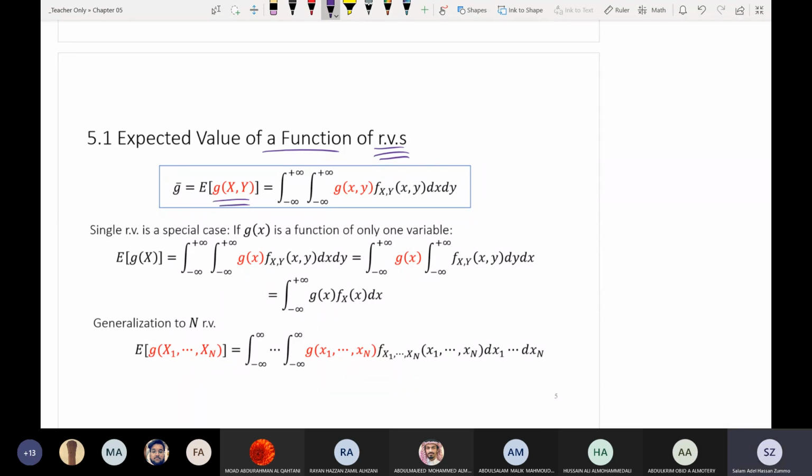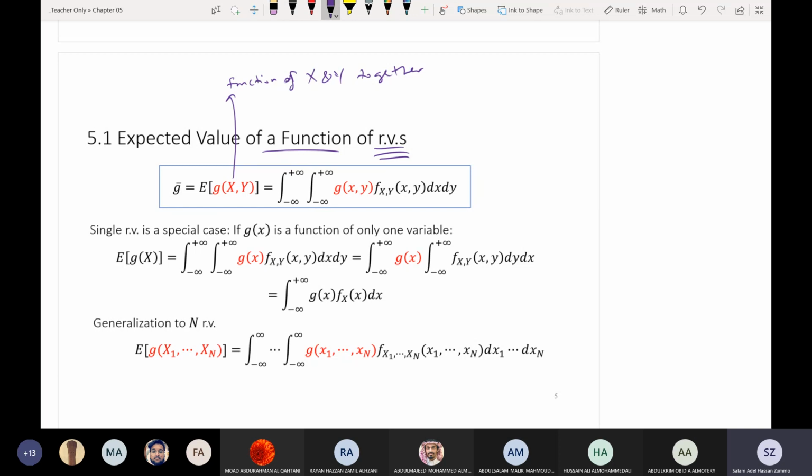G of x, y is a function of x and y together. So we define g bar to be expected value of g of x, y. And the way it works is very similar to what we have done in the single random variable.